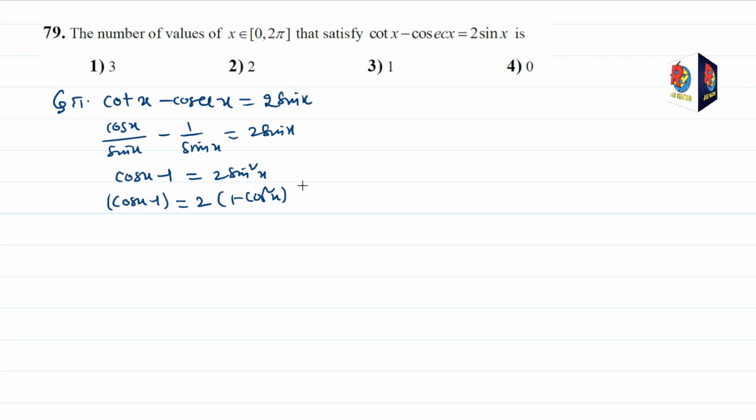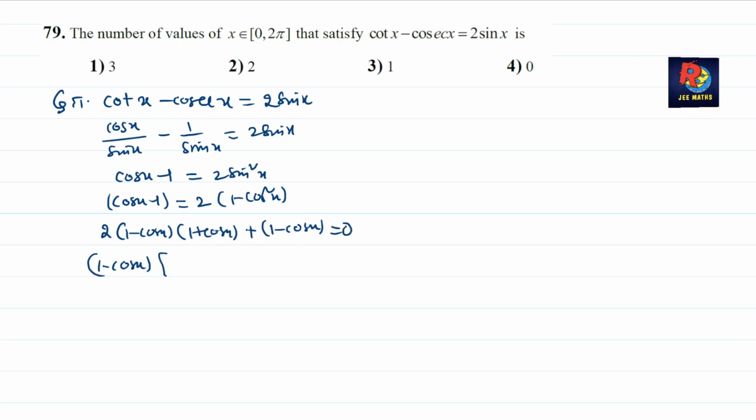So if I write the left hand side term into the right hand side, then 2 into 1 minus cos x into 1 plus cos x, plus 1 minus cos x is equals to 0. So 1 minus cos x, if I take common, 2 plus 2 cos x plus 1 is equals to 0.